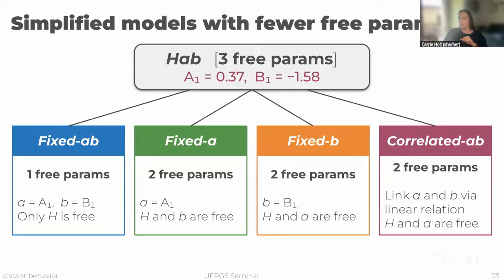That's what we called the model fixed AB, fixed A, fixed B, and correlated AB, which is exactly what we think. We fixed the A and B values, so there's only 1 free parameter, just H. We fixed the A value, so A is equal to A1, and then B is free, and so on. And for the correlated AB, we link the A and B values via that linear correlation, but leave 2 parameters free.